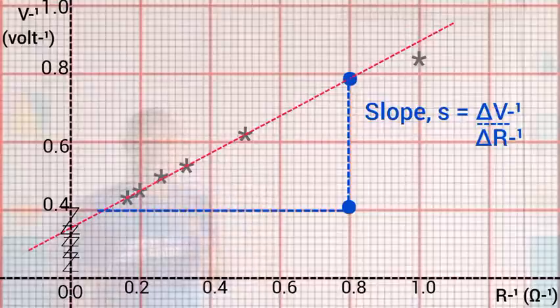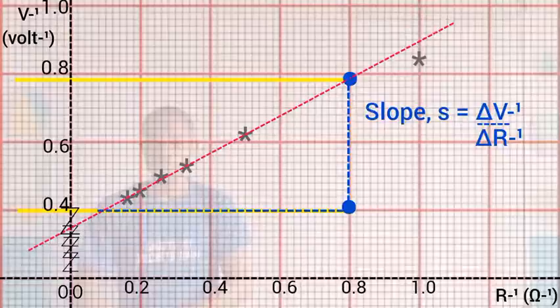You have to trace them to the 1 over V axis, and of course you would get your values of final point of 1 over V minus initial point of 1 over V. You know, that's what we do in slope generally. y2 minus y1, which is the vertical. In this case, we plotted 1 over V on that vertical. All over x2 minus x1.